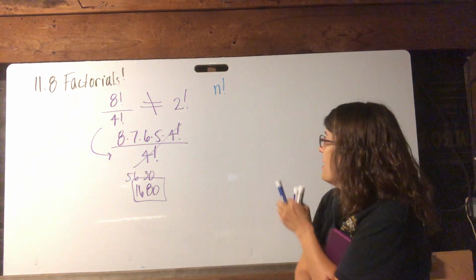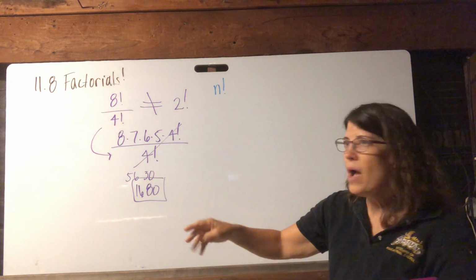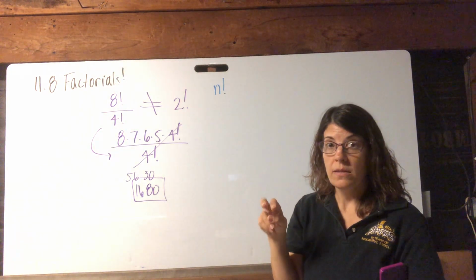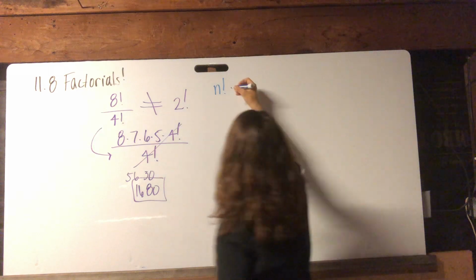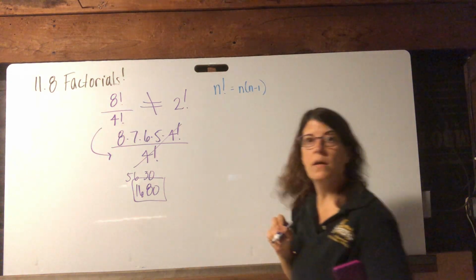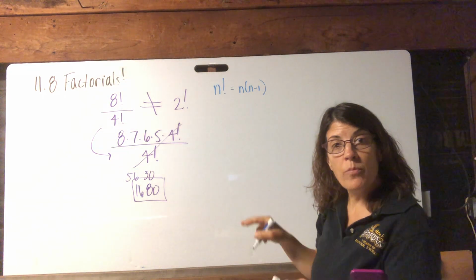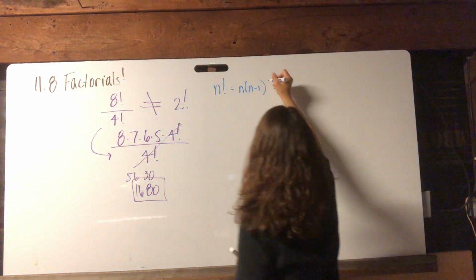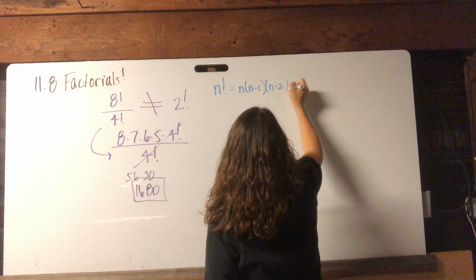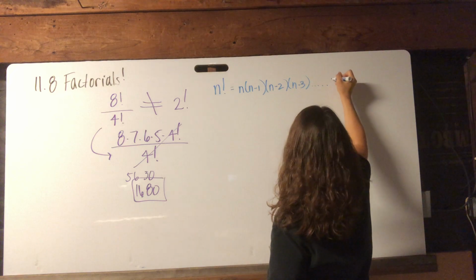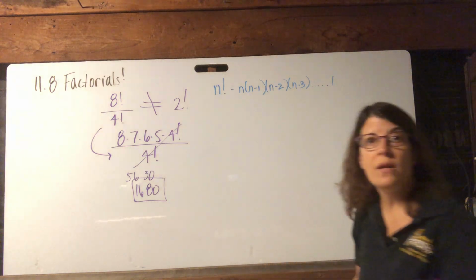So n factorial. What is one number below n? n minus 1. What is a number below n minus 1? Yeah, n minus 2. n minus 3, and so forth until you get to 1.